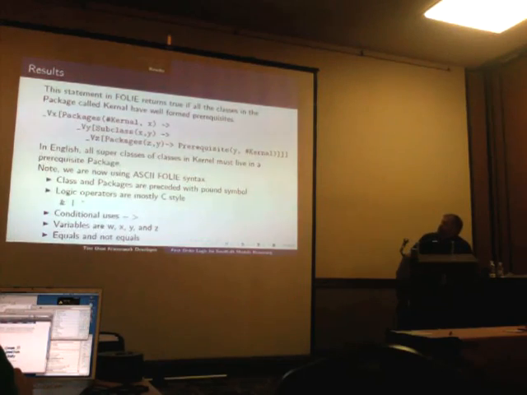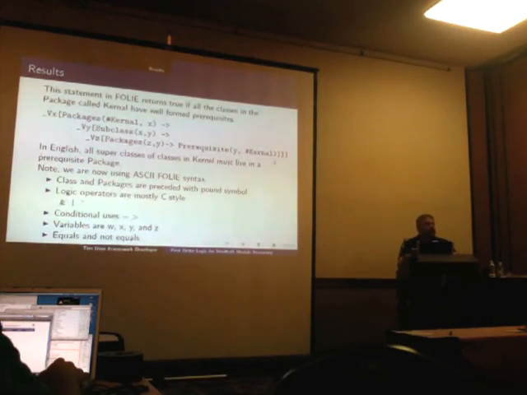And this statement says, all subclasses of kernel must live in a prerequisite package. And we have to basically have all the conditioners. We also have equals and not equals, so those turn out to be necessary. And I also use the C-style syntax for Boolean operators.